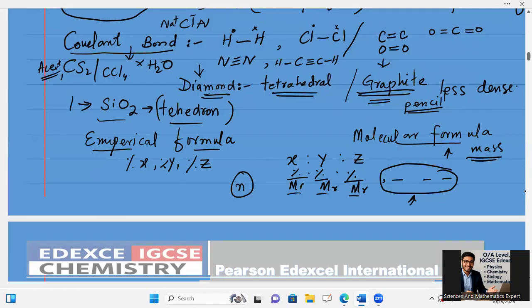For example, you have taken carbon, hydrogen, and oxygen for glucose, and you got the ratio CH2O as the simplest ratio to show the empirical formula. But if you are going towards the molecular formula, then you divide the mass given by the empirical formula mass, and you get 6, so multiplying gives C6H12O6 as the glucose formula. So it will be much easier for you to calculate the empirical formula and molecular formula.